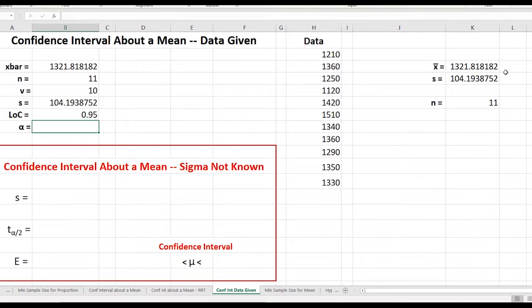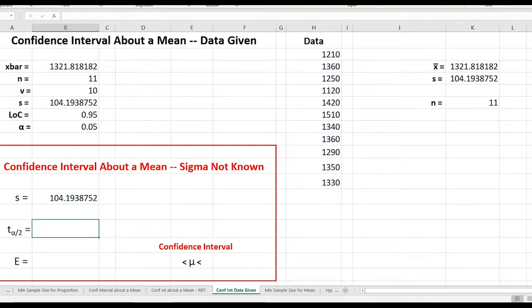And we have alpha, and alpha is equal to 1 minus whatever my level of confidence is. Now this is a little bit of overkill, but whatever. Equals s. Doesn't matter. I didn't really need to put that in there again. This is a remnant from a previous spreadsheet that I did.